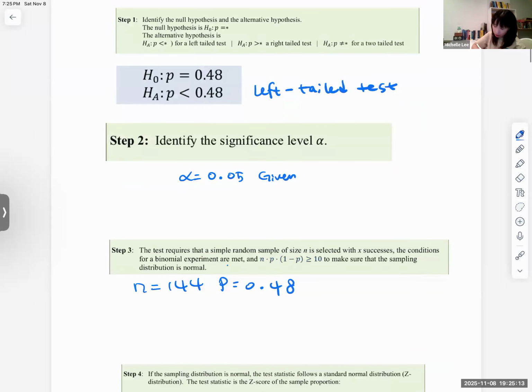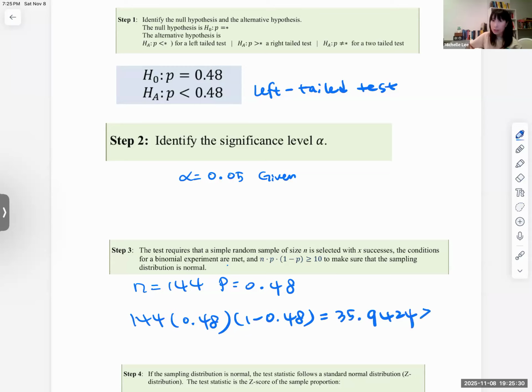So n times p is 144 times 0.48, and n times (1 minus p). Can you please calculate? 35.9424, which is greater than or equal to 10. So it's normal. Why do we need this? We need it in order to use the StatCrunch normal distribution to find the probability.